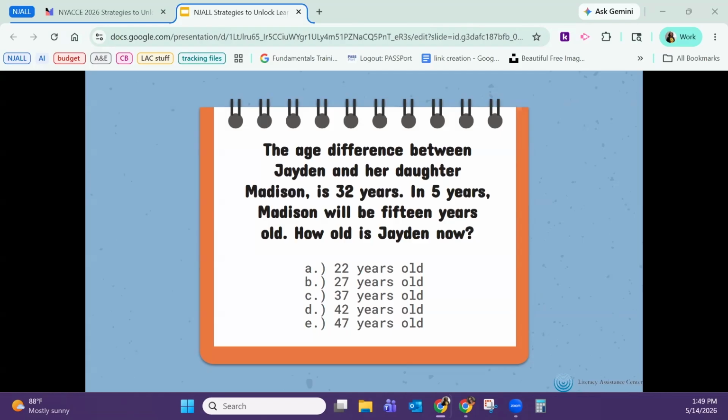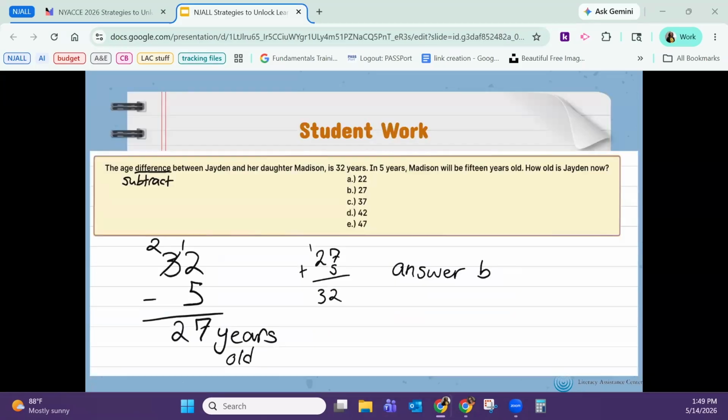Miss Amber taught us difference means subtract. I see 32 and 5. Subtract. Boom. 27. But wait, there's the word 15 in there. What am I supposed to do with that? Nah. Miss Amber said difference means subtract. I see numbers. Subtract. The answer is B.